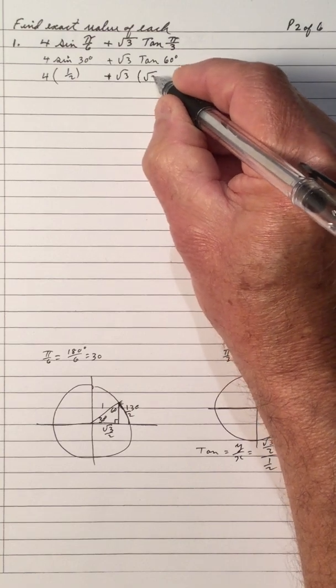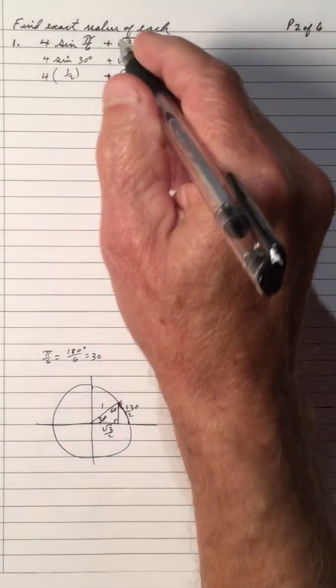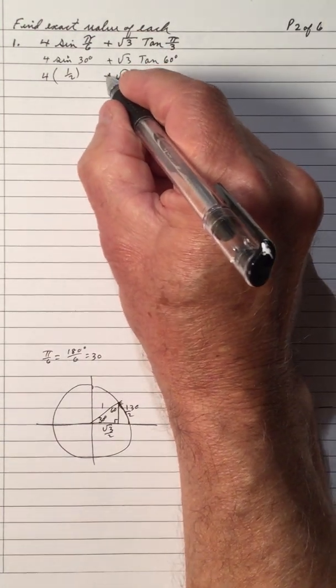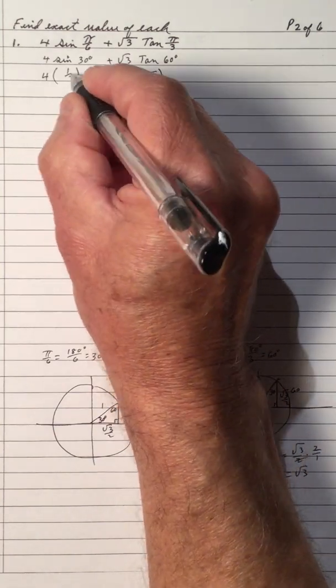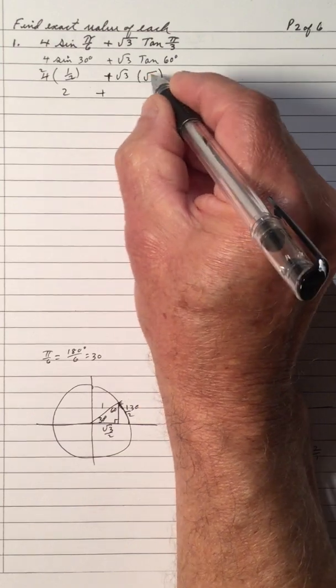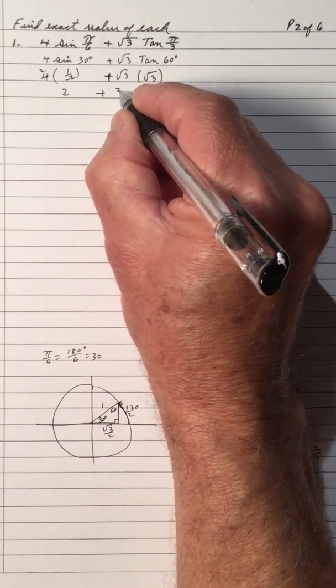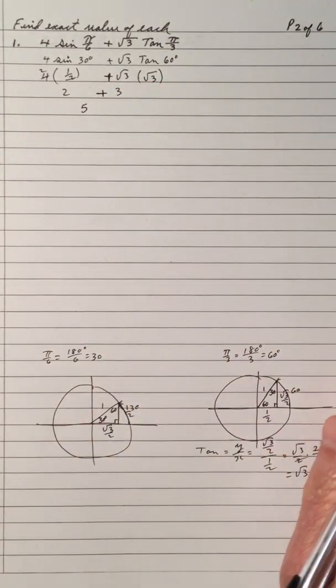So the tan of 60 is root 3. Notice the exact value. Now, we have to use PEMDAS to simplify this, so we multiply these first before we add. So 2 times 4 gives 2, so that's a 2. Root 3 times root 3 is root 9, which is 3. And we add, and we'll get a 5.